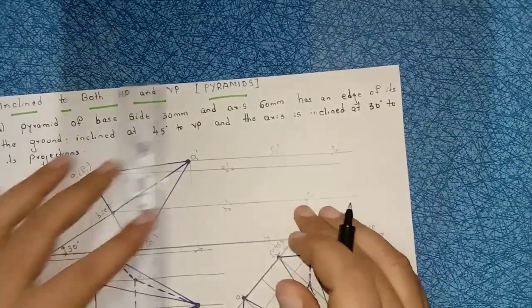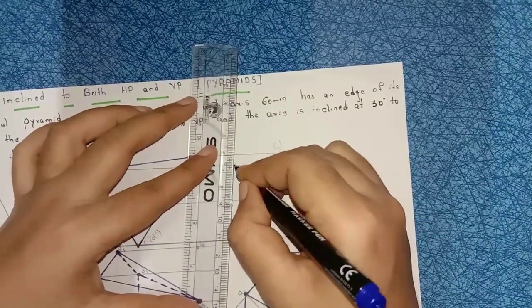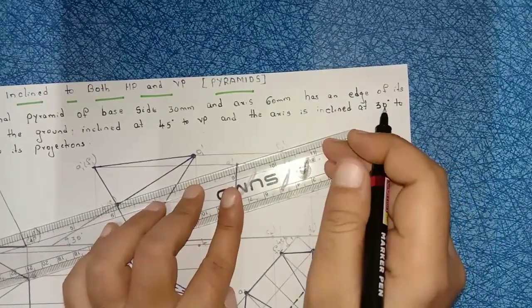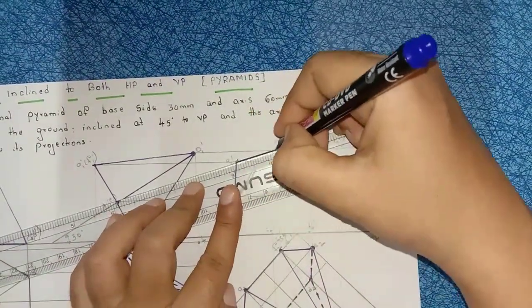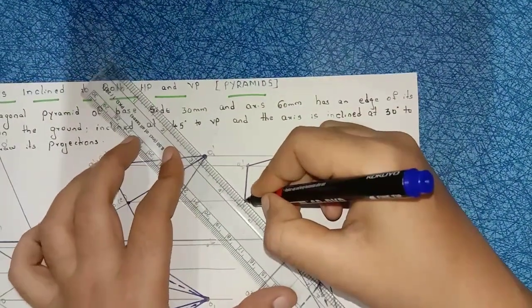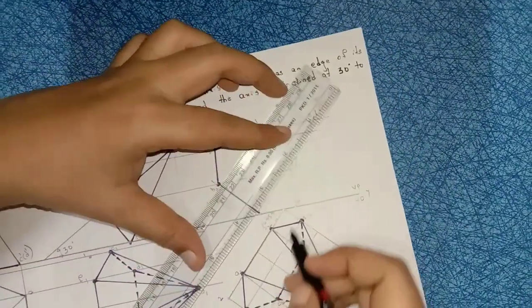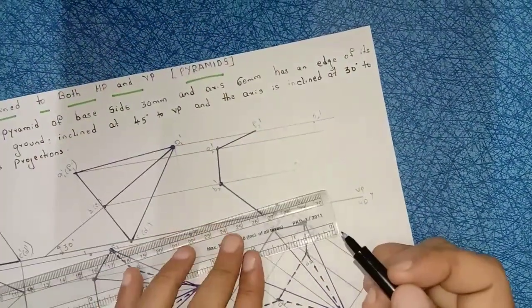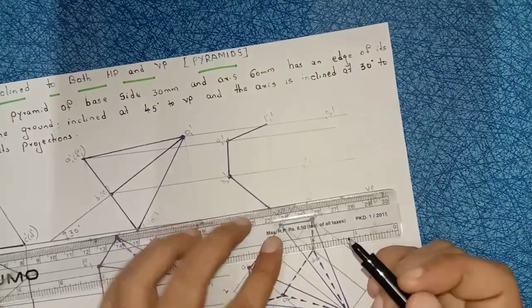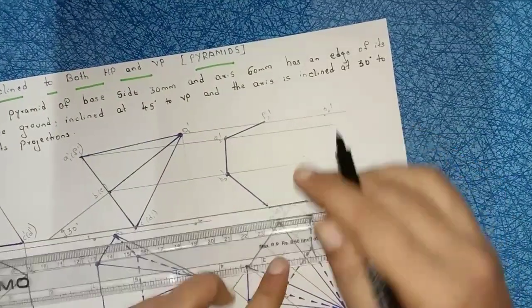Right, so let us see. Join here A2 dash, B2 dash, A2 dash, F2 dash, B2 dash, C2 dash. Right, C to D, right?